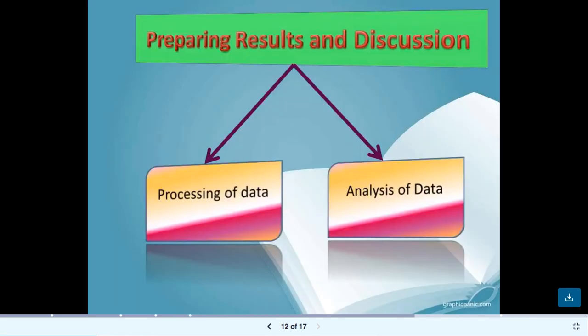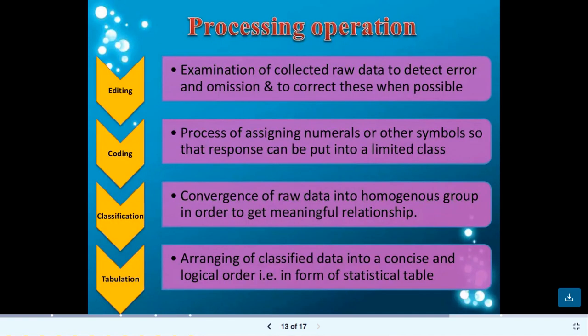Before we make a result and discussion, we have to prepare by processing the data, and we must analyze the data we got. These are the steps of processing the data. The first one, editing: examination of collected raw data to detect errors and omissions and to correct these when possible.